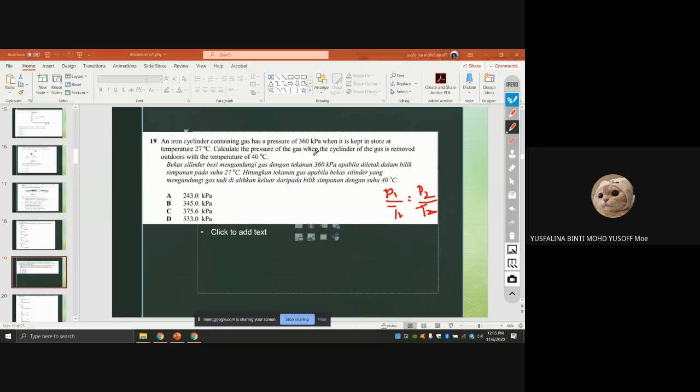Then you just substitute. 360, 273... 300. Change to Kelvin: 273 plus 27. And this one is T2, which you need to find. T2 is 313. Then you just cross multiply, and you get the answer C. Okay, number 19, the answer is C.